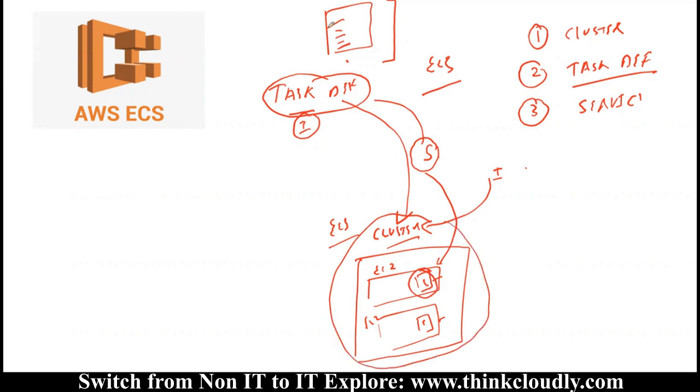The task definition is just an instruction file. But who follows that instruction? The service is responsible to follow those instructions on this cluster. And finally, the output is that your container is running on the cluster. So the task definition file is the instruction file which is followed by the service on the cluster. Does that make sense, everyone?